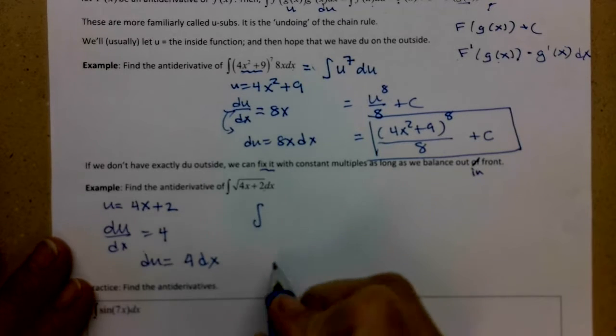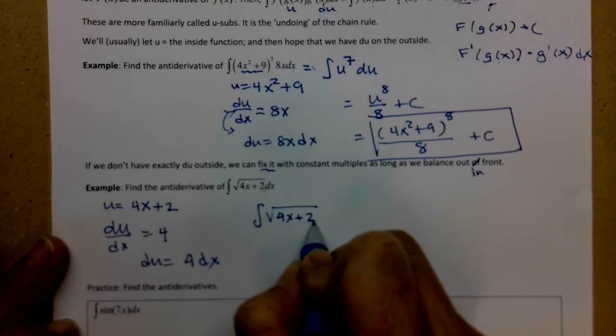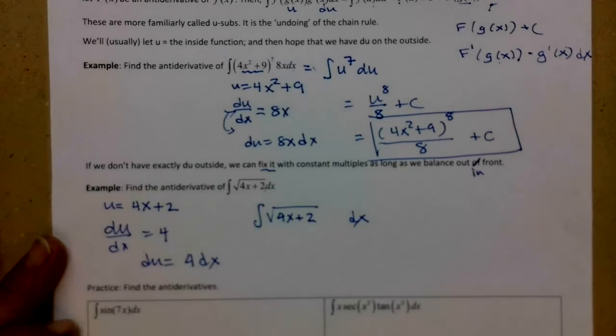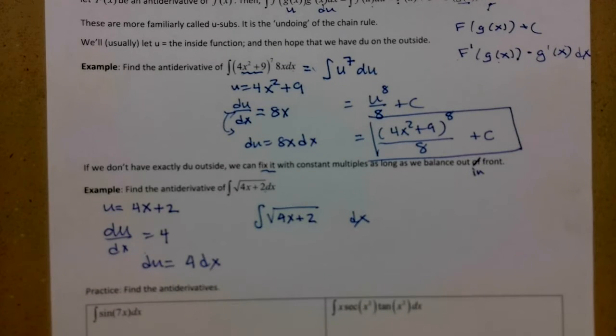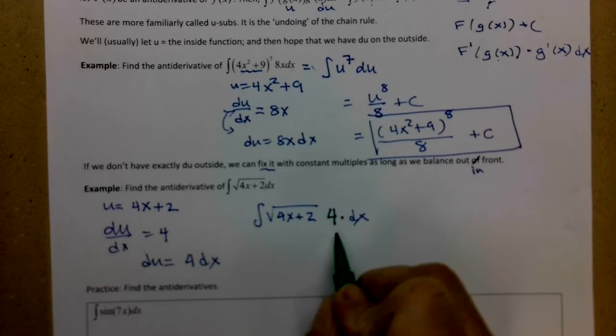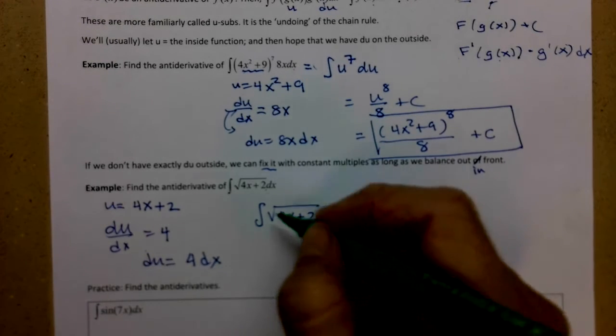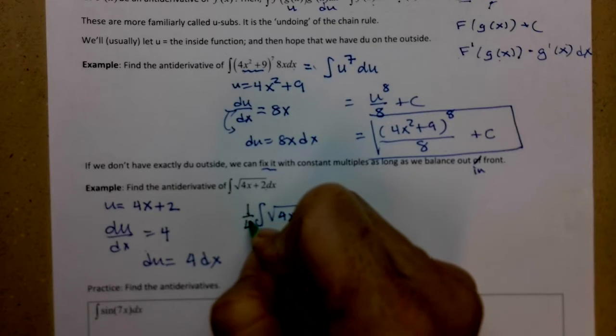So I'm going to rewrite this, and I'm going to keep it in x's for now just to show you. So I have 4x plus 2 dx. I'm looking around for a different color. Oh, I've got a green. So what we can do is go ahead and multiply in the 4 so that I have du there, but I have to balance it with a 1/4.